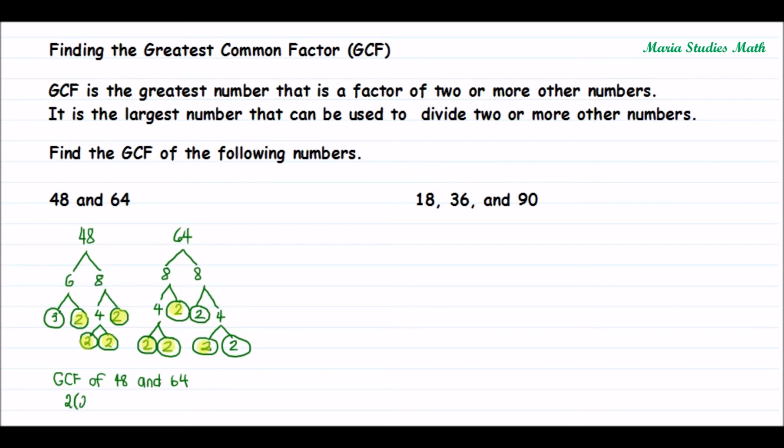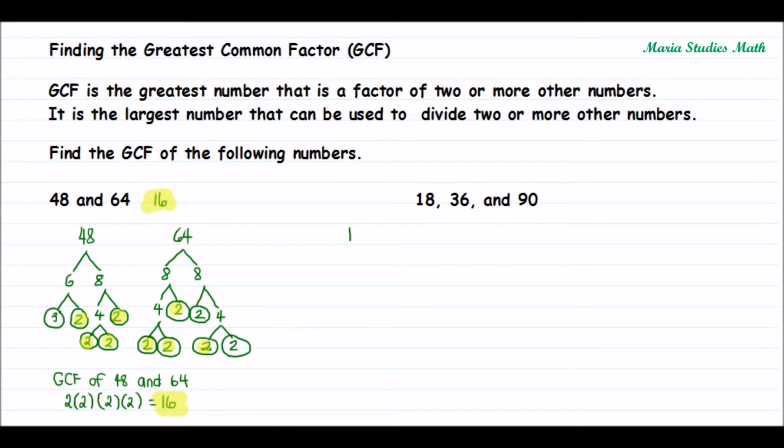So 2 times 2 times 2 times 2, which is equal to 16. Therefore, the greatest common factor of 48 and 64 is 16. And that would be our final answer. I'll just write 16 here so we remember that it's our final answer.